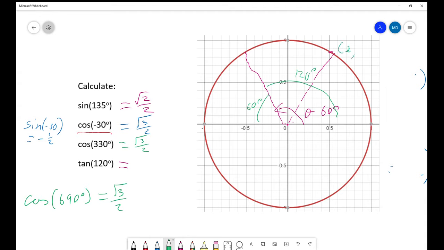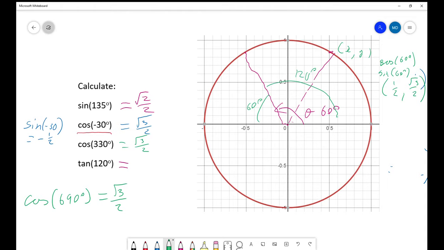My x value is exactly 1/2 because my x value is my cosine of 60 degrees. My y value is going to be sine of 60 degrees, which we know is root 3 over 2.